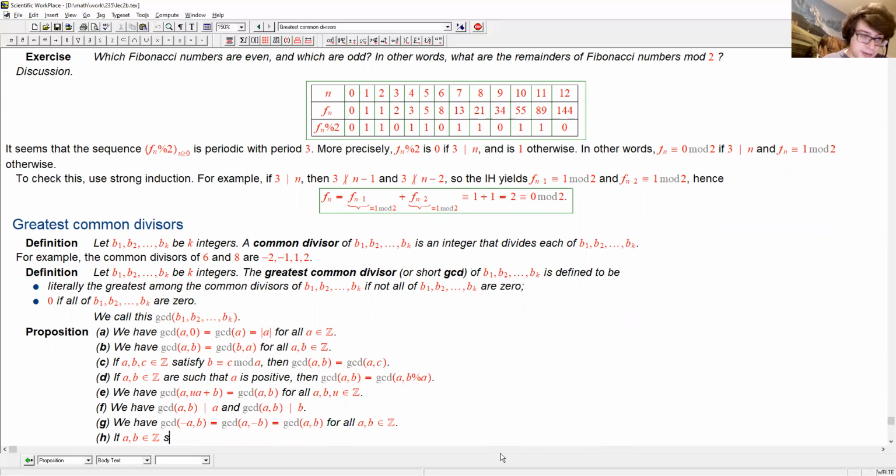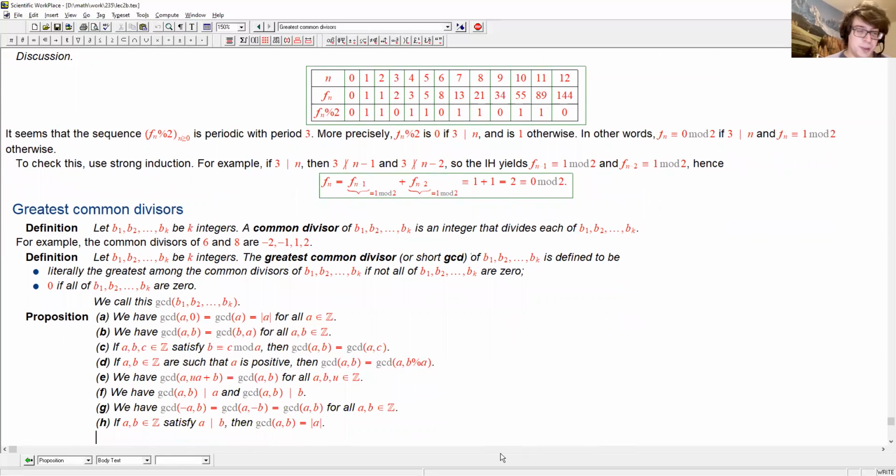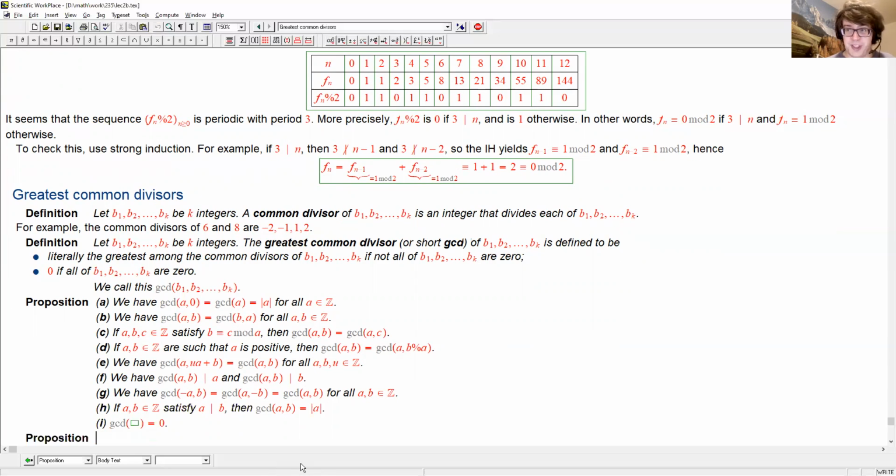Next, if a divides b, then the GCD is, I want to say a, but really it's the absolute value of a, because a can be negative, but GCDs cannot be negative. And finally, this is something for the pedants. I said k integers, k can be 0, then you're talking about the GCD of no integers at all, but no integers at all are all 0, so it's 0. It's one more chapter in the story of the empty set.